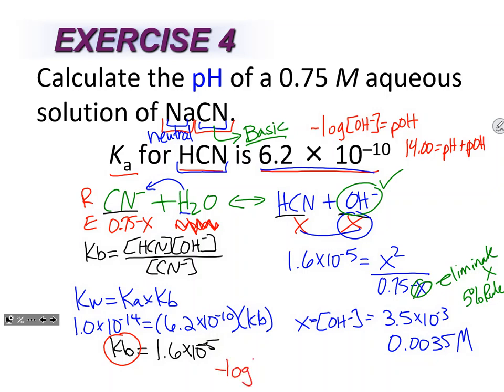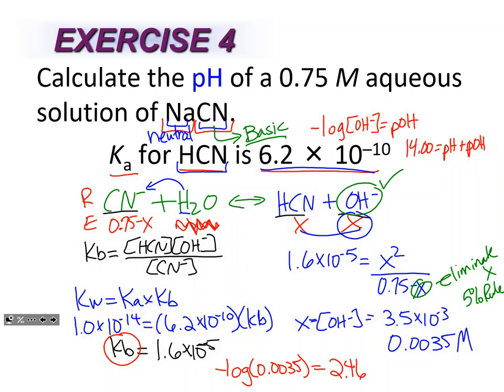So what is the negative log of our 0.0035? What do we get for that? That's going to give us our pOH. So what do we get here? Looks like getting 2.46.